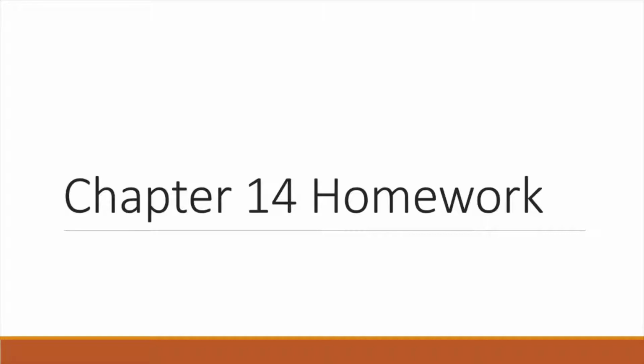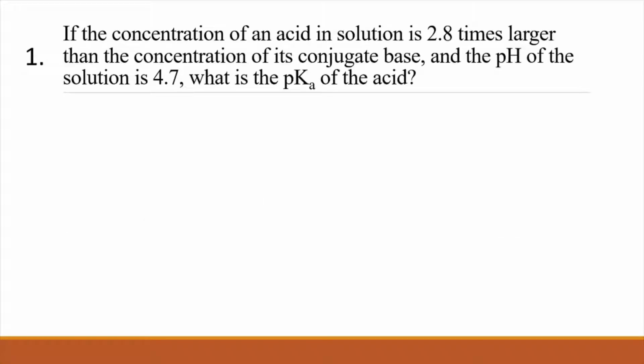So we're going to start with the Chapter 14 homework questions. Number 1, we're told the concentration of an acid in a solution is 2.8 times larger than the concentration of its conjugate base, and it has a pH of 4.7, and we want to know what the pKa is. So we can start by writing down what we know, and we can write it in some other ways.